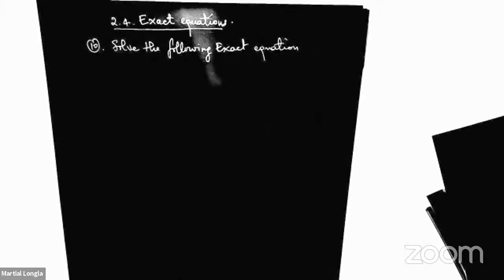Solve the following exact equation. And again, when the question says solve the exact equation, there is no need to show that the equation is exact. The question already says it is.